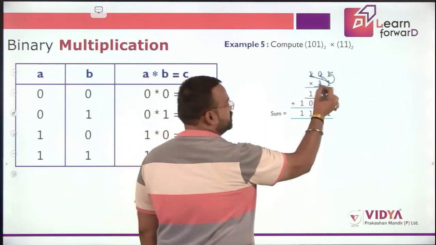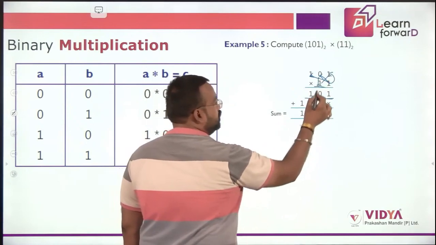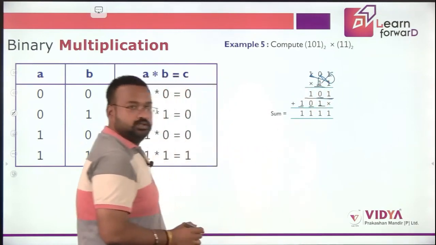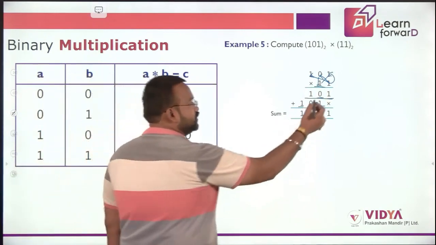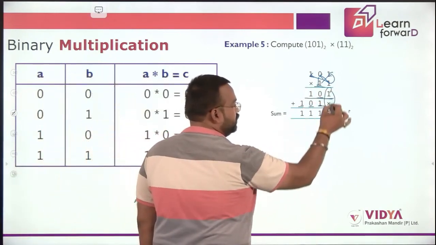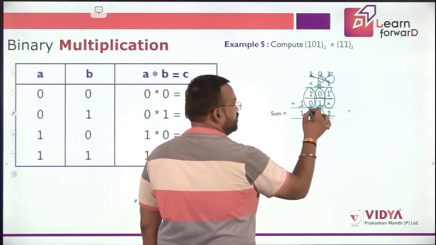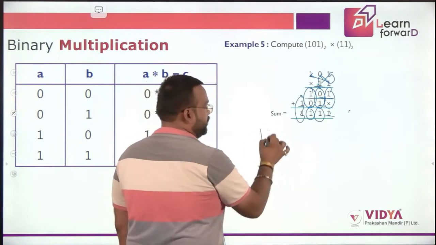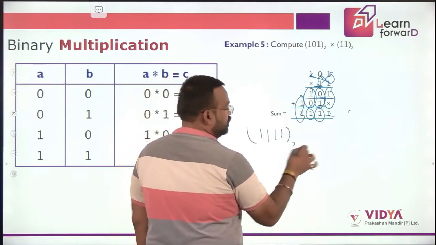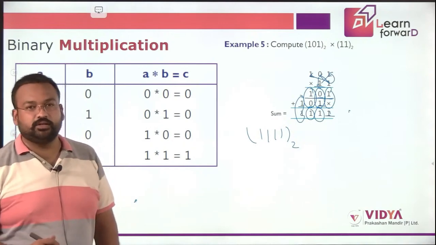Again it is simple, it would be the same: 1 into 1 is 1, 1 into 0 is 0, and 1 into 1 is 1. Now, like we generally do, simply add them. So it would be 1, 0, 1, 1, 1, 0, 1, and it is 1. So the answer would be 1, 1, 1. So this is simple multiplication.